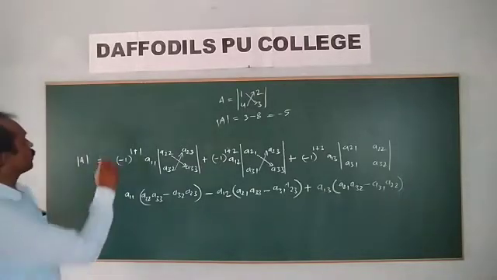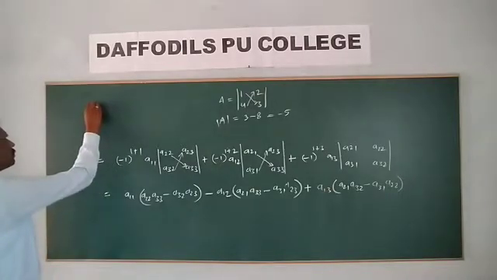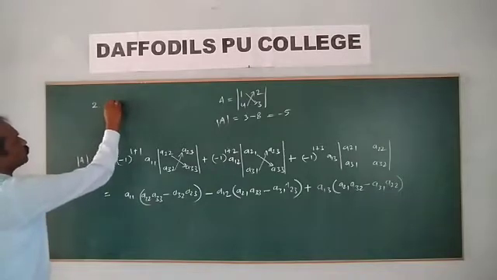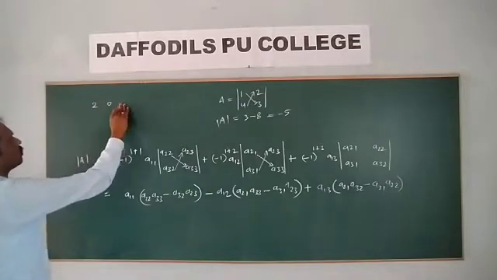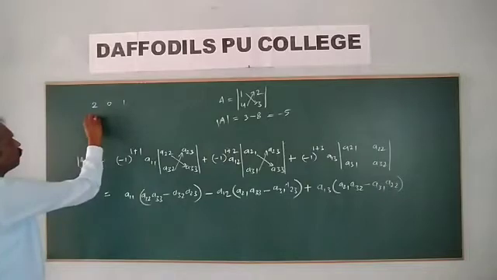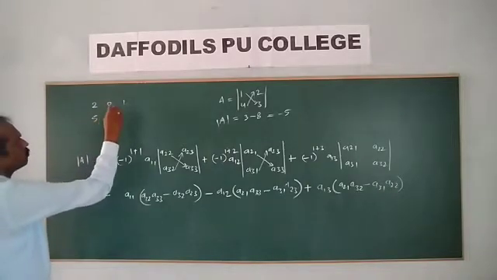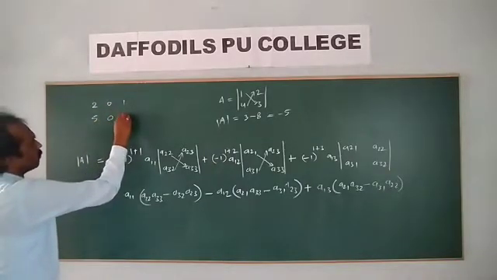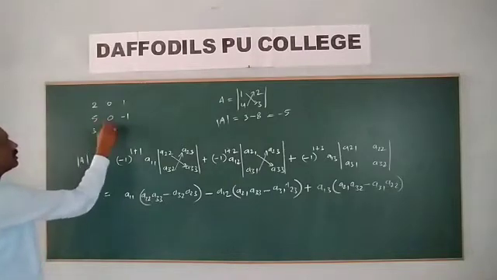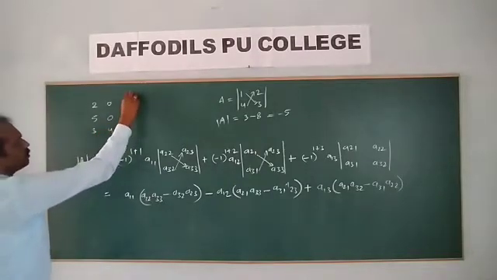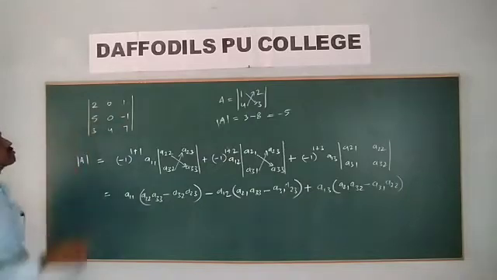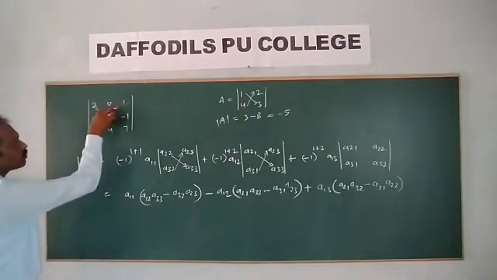Suppose for example a matrix like this: 2 0 1, 5 0 -1, 3 4 7. For example, like this problem. I solve it along the first row.